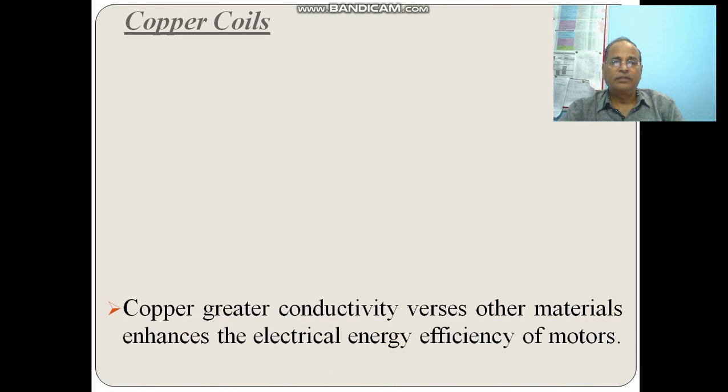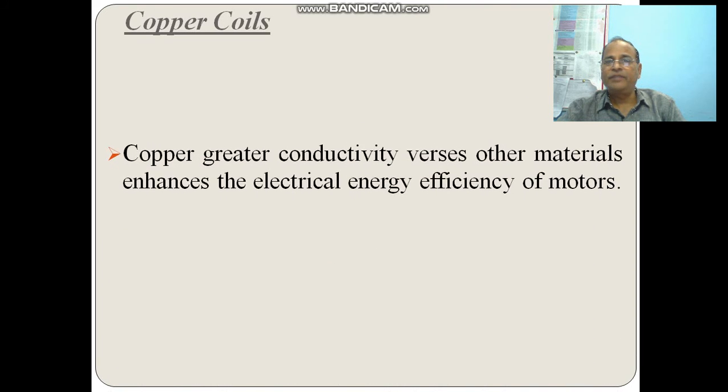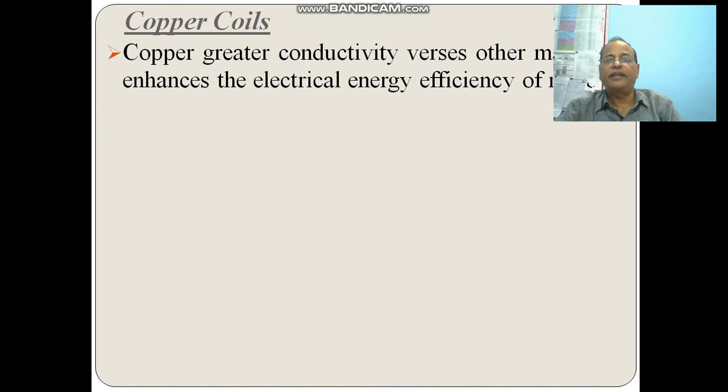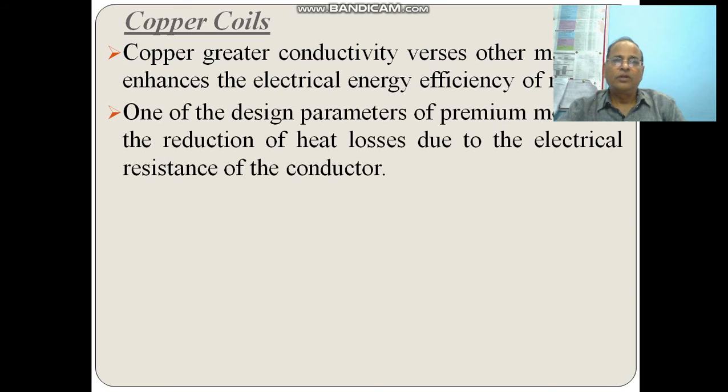Copper coils: copper's greater conductivity versus other materials enhances the electrical energy efficiency of the motor. One of the design parameters of a premium motor is the reduction of heat losses due to electrical resistance of the conductor.